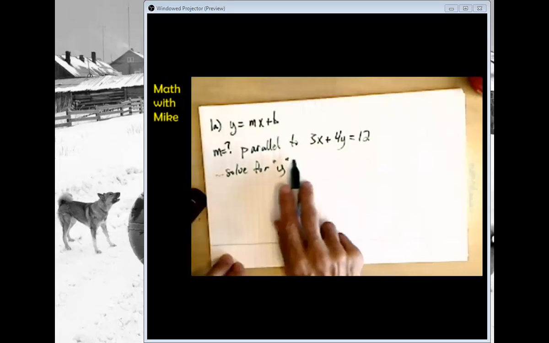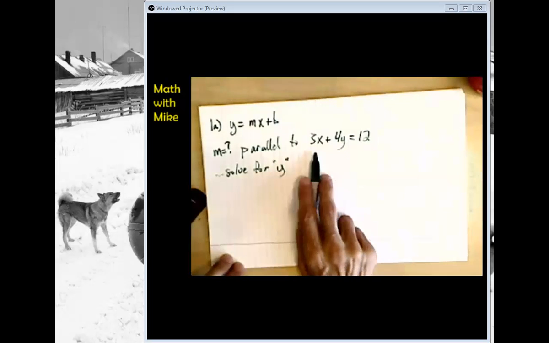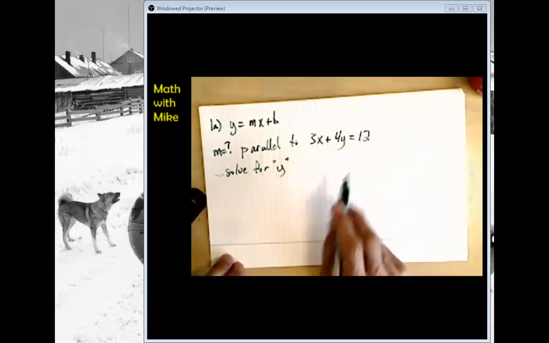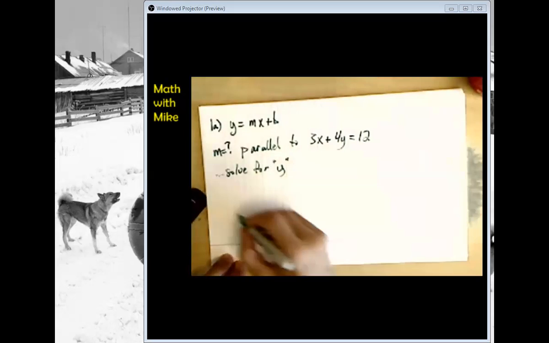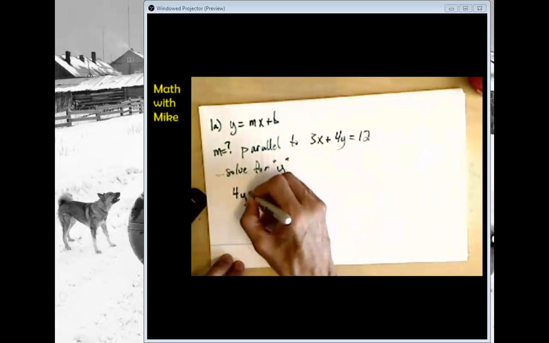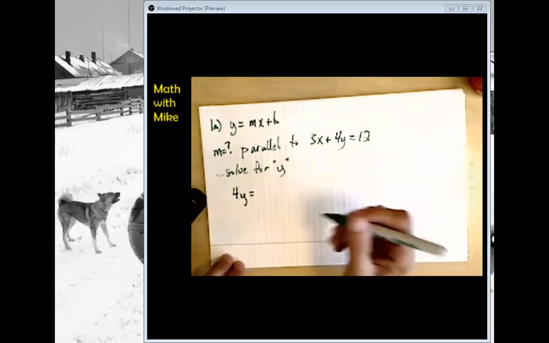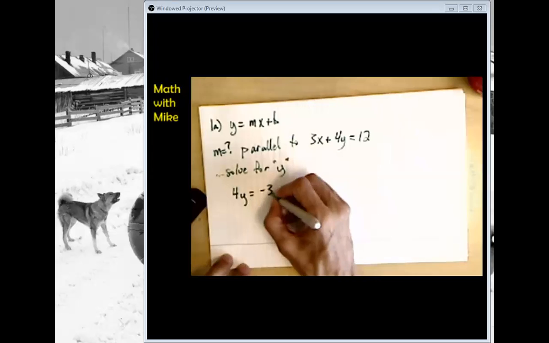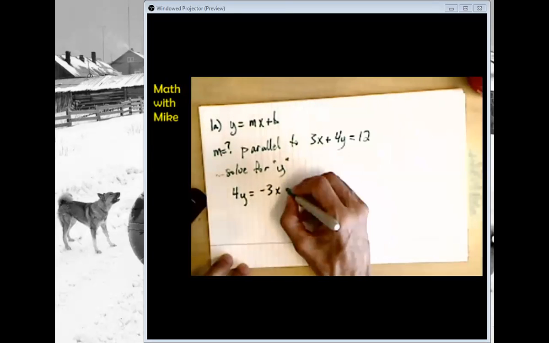To get the slope for this, we got to move the 3x to the other side. So 4y is there. What happens when the 3x goes to the other side? It changes. That's right. It's a positive, so it changes to negative there.